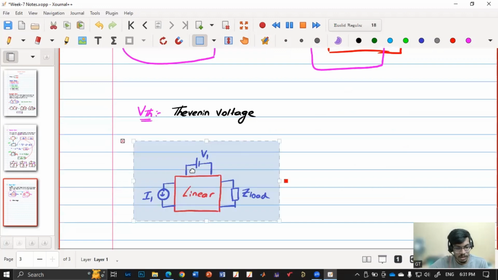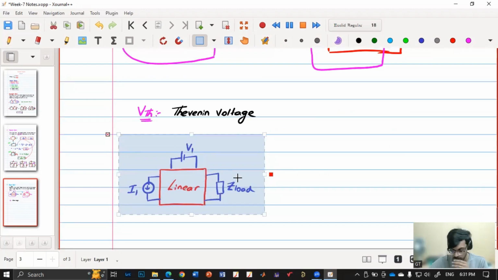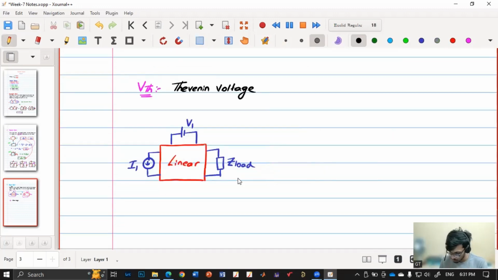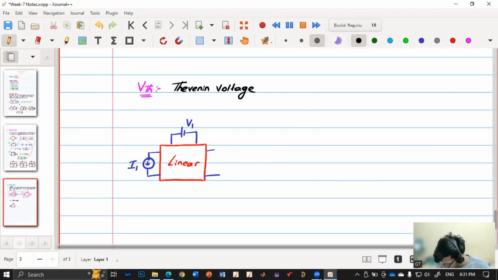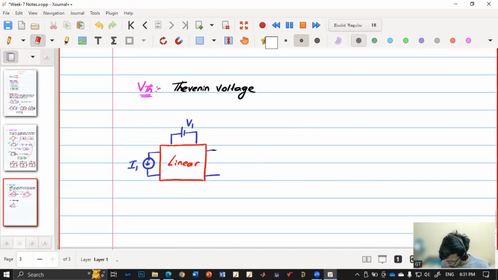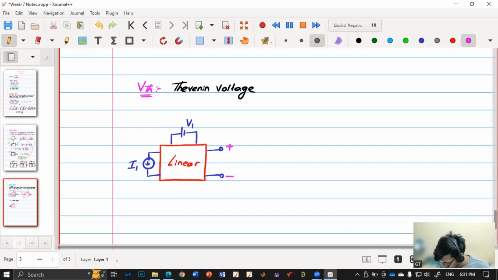In the given circuit, we have to disconnect the load, and whatever voltage appears across these terminals, that is VTH. So you remove the load and find the voltage across the load. That will give us VTH, which is called Thevenin voltage.